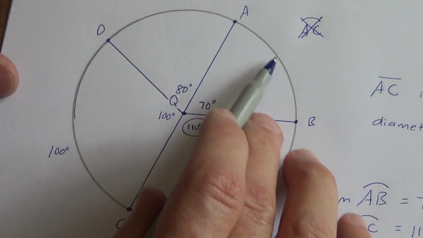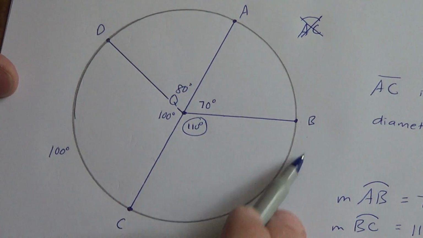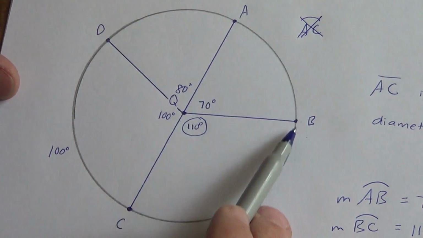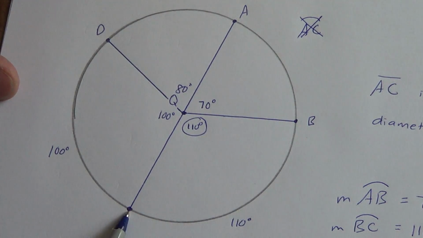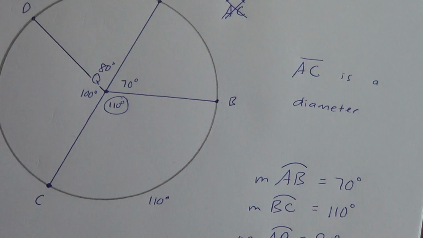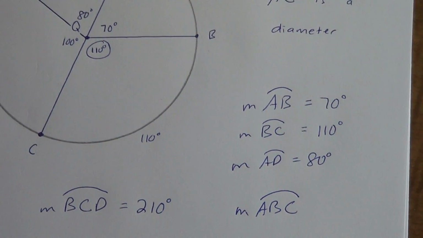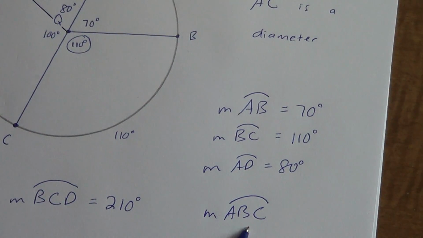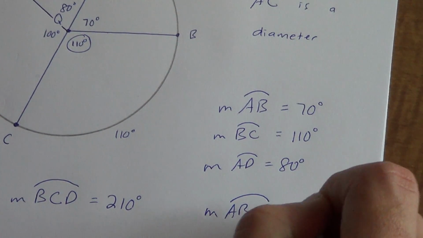So if I want this one over here, how do you think we'd name it? Well, start with A or C, it doesn't matter. Go through B, and then end at the other one. So arc ABC is how we'd write that one. That's this one right here, ABC. Measure of arc ABC equals 180 degrees.